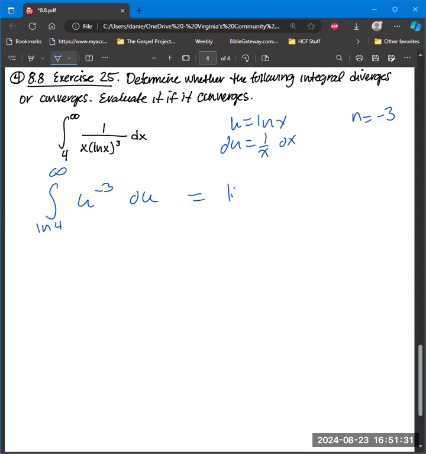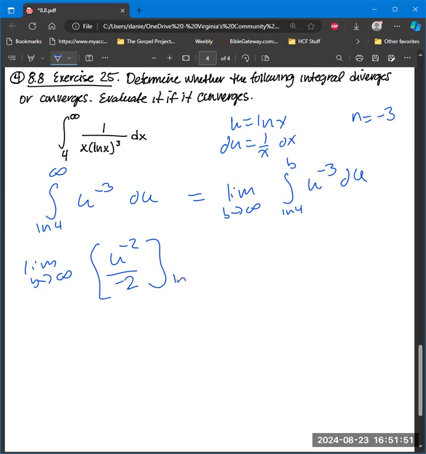is going to be equal to the limit as b goes to infinity, ln of 4 to b, u to the -3rd du, which is the limit as b goes to infinity of u to the -2nd over -2, from ln of 4 to b, which is -1 over 2u squared, from ln of 4 to b.